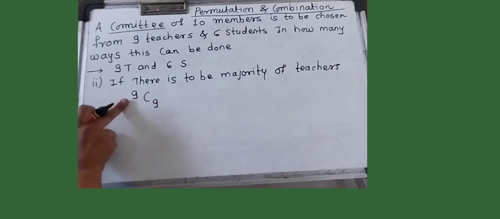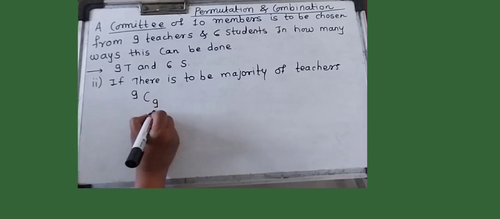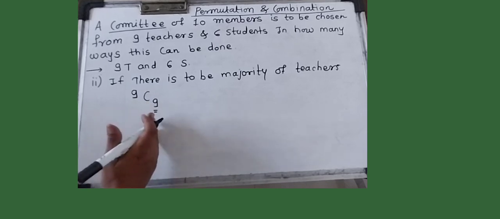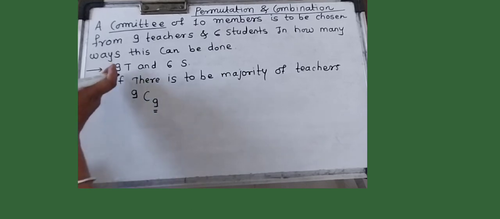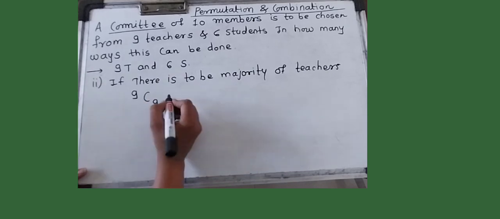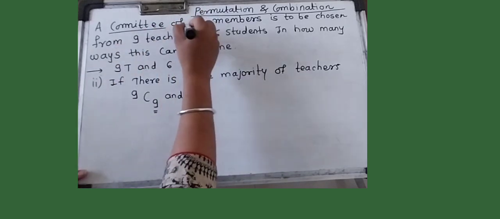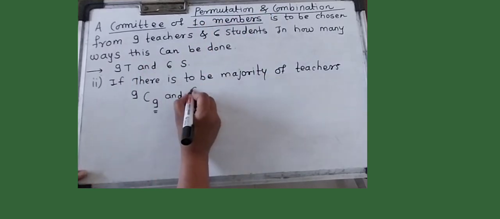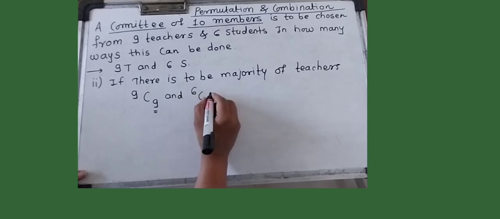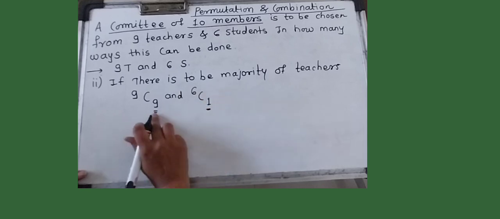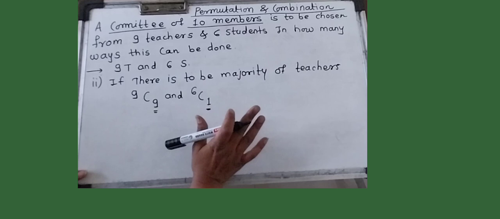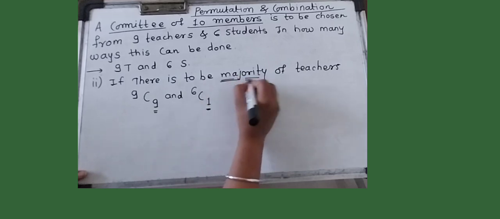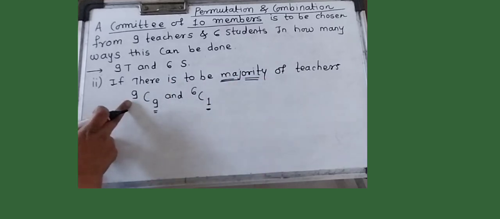Majority means I take only 9 because availability is 9. In the committee there should be 10 members. 9 already selected, 1 from 6 students, 6C1. Getting or not? So 9 plus 1 is 10. Condition gets fulfilled and this condition is also fulfilled. See, majority. Clear?